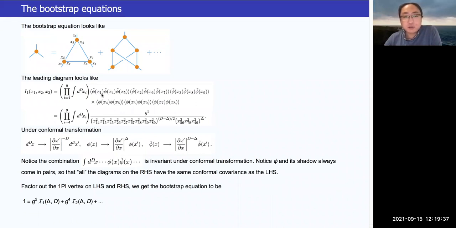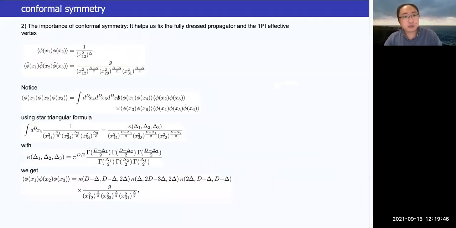I'm using it as a shorthand notation to denote the 1-particle-irreducible vertices, essentially. You attach the fully dressed propagators. After doing the star-triangle formula, it goes back to the usual 3-point functions.